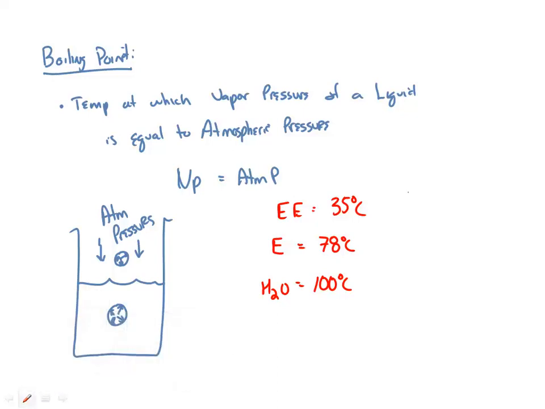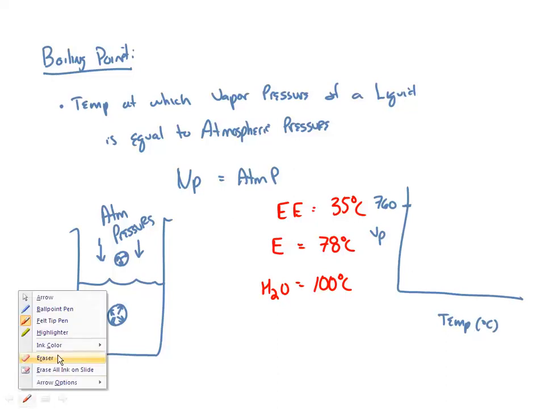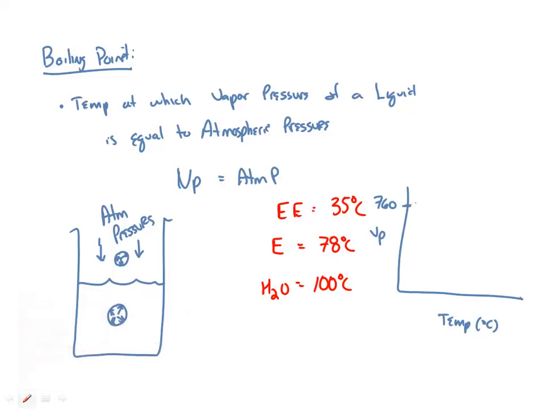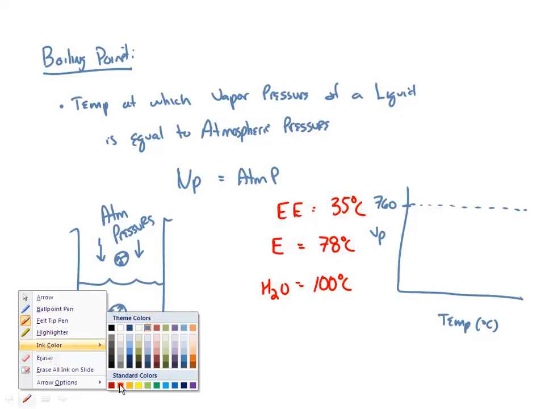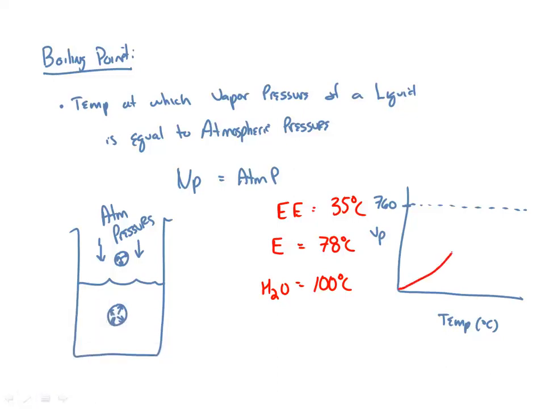And heck, maybe I'll even sketch it again because I got some time to kill, I think. So if we take a look at our miniature graph here, this was vapor pressure, 760. This was temperature. And so what we're saying is that, oops. So here's the vapor pressure.